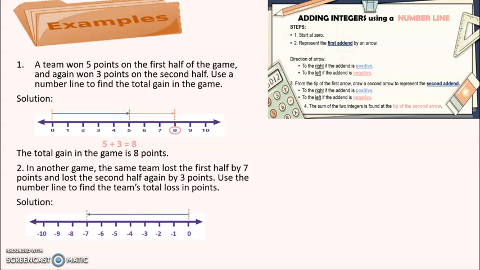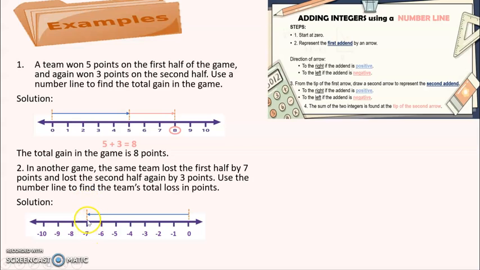Next, our second arrow, which is our second addend, is also negative 3 points. So again, in our third step, at the tip of the first arrow, we draw our second arrow. From here, we jump 3 points to the left again because our given is lost 3 points, so that is negative.